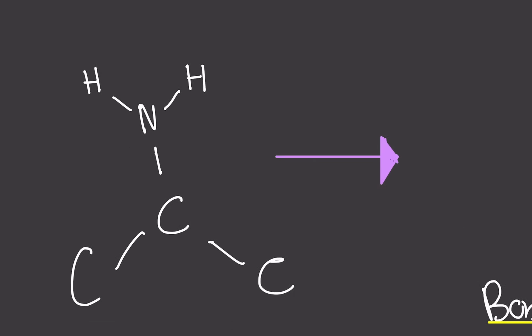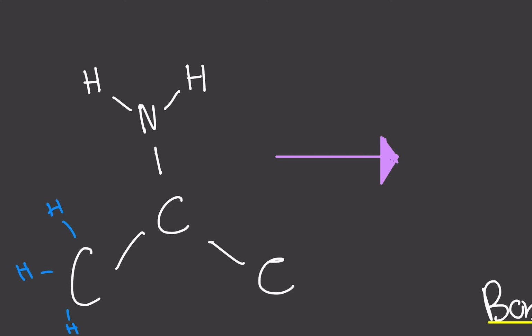Let's look at this one. This one's wrong. Because notice that this carbon right over here only has one bond, so we need to satisfy that 4 bond rule. 1, 2, 3. Is this center carbon okay? Is that correct?